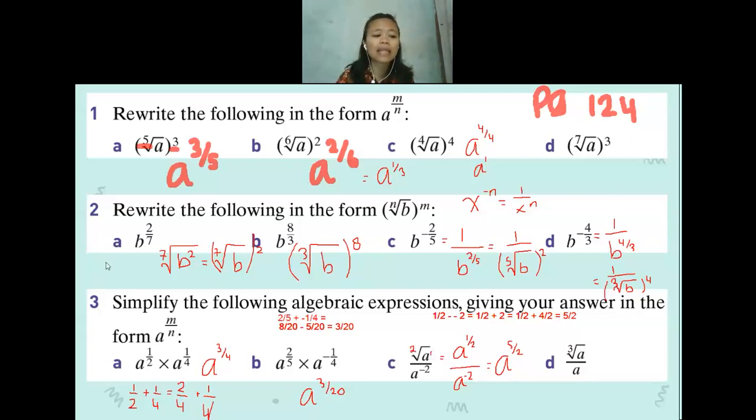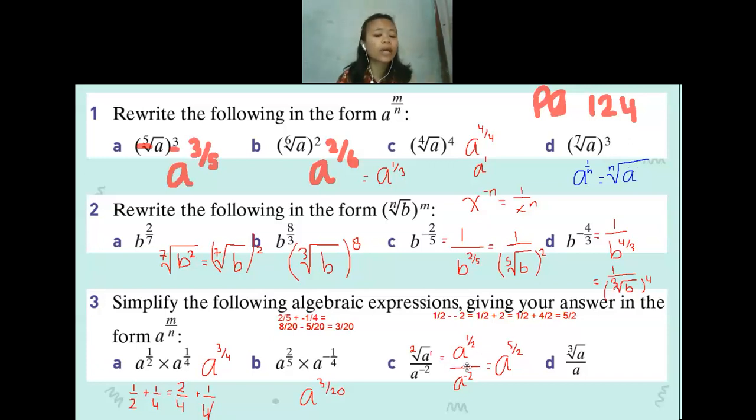So if I follow the textbook on page 123, you have a to the power of 1 per n, which equals the nth root of a. So that's why for square root of a, we can make it into a to the power of a half.